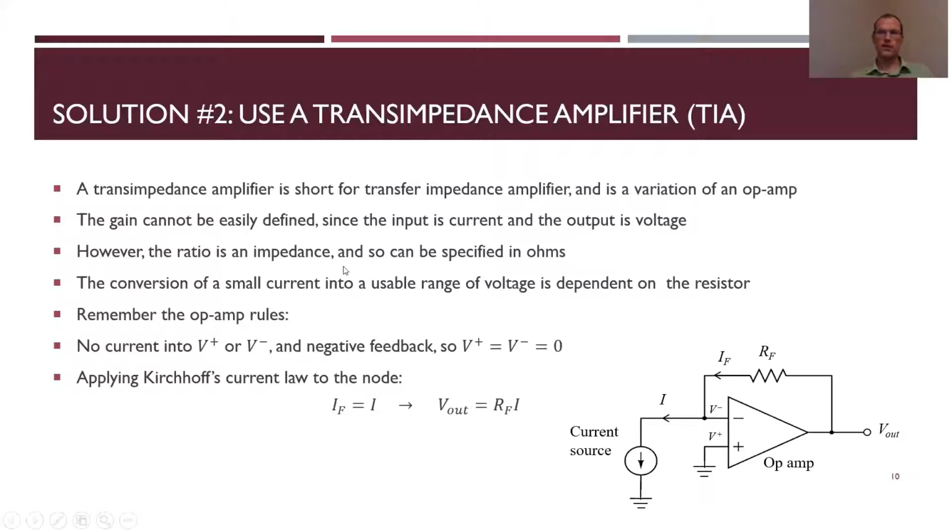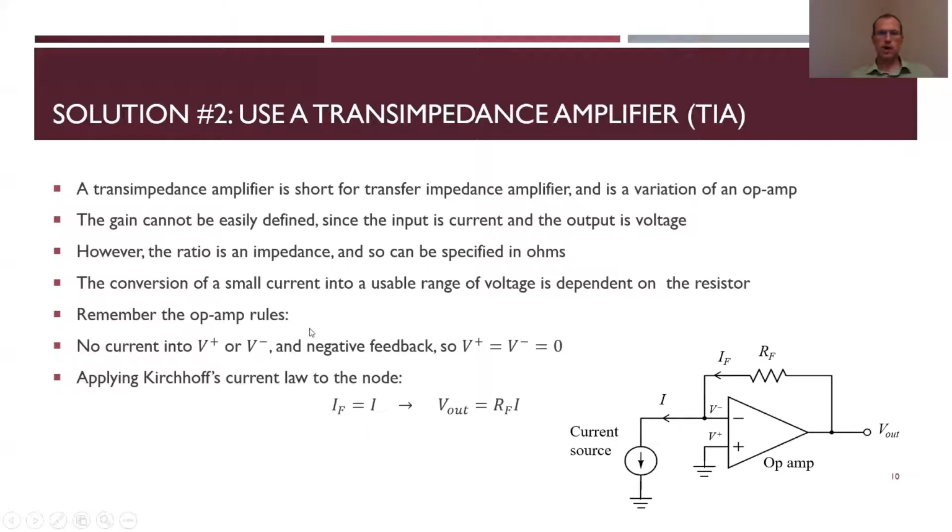V equals IR. So voltage divided by current gives a resistance, which is impedance measured in ohms. So this conversion from current to voltage is going to depend on the value of the resistor, to tell me basically how much that's amplified, or whether I get usable voltage differences from my current source.